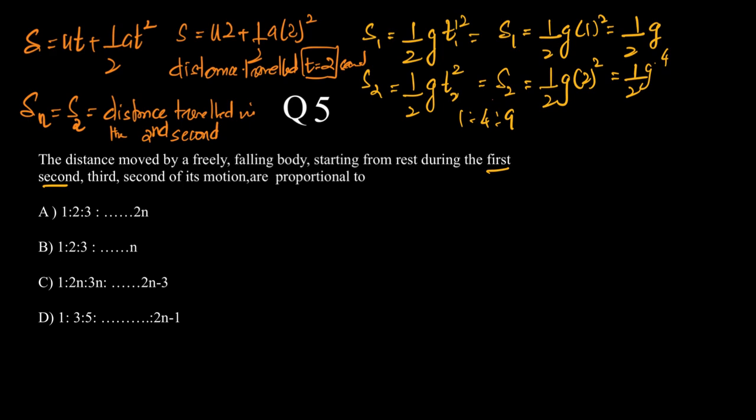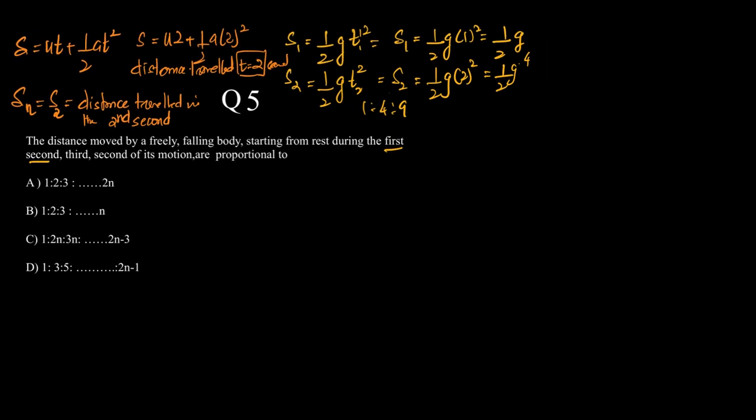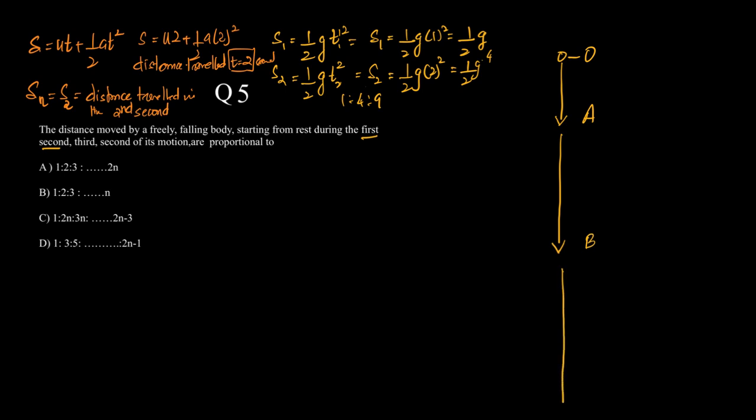Now let me make use of a diagram to explain the concept here. So let us say this is a body which is under free fall. Let us say it starts at position O, then A, then B, and later C. Now you say this much was the distance traveled in t1 seconds, this much was the distance traveled in t2 seconds, and this much was the distance traveled in t3 seconds.